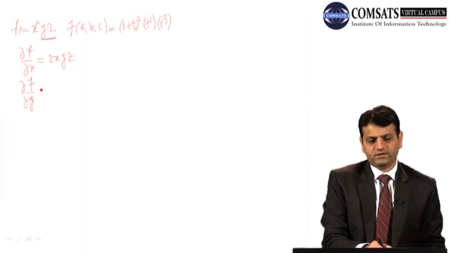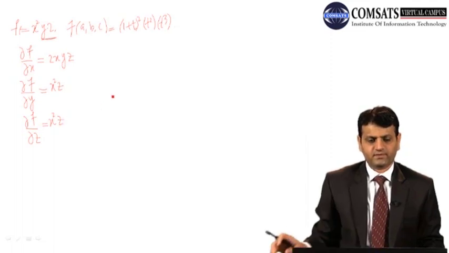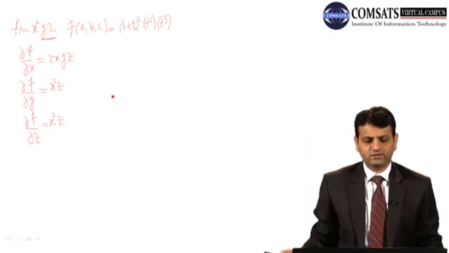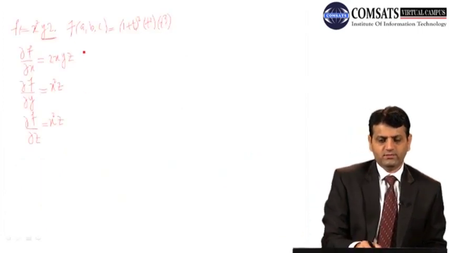And similarly, what is partial f by partial y? x square and z remains the same because we are treating them like constants, and the derivative of y with respect to y is 1. And similarly, what is partial f by partial z? It's basically x square y. Now according to the formula, what's the next thing we need to calculate? We need to calculate dA by dt, dB by dt and dC by dt. So what is dA by dt?